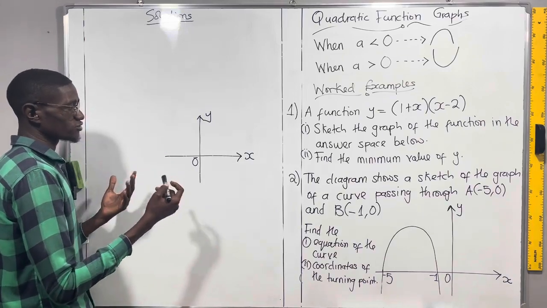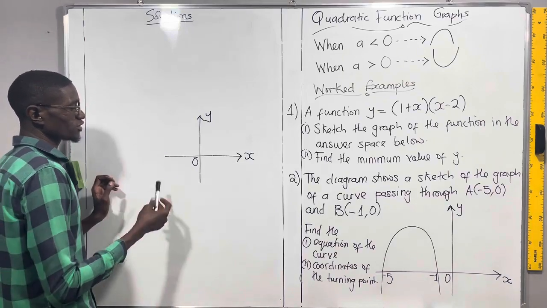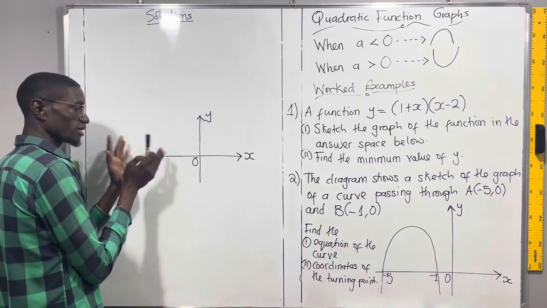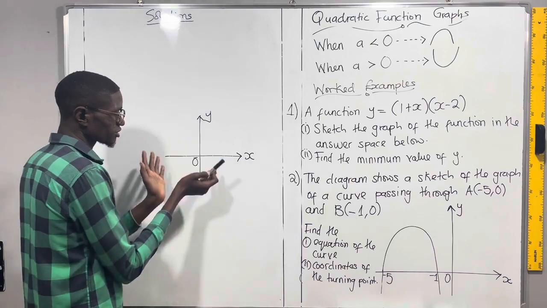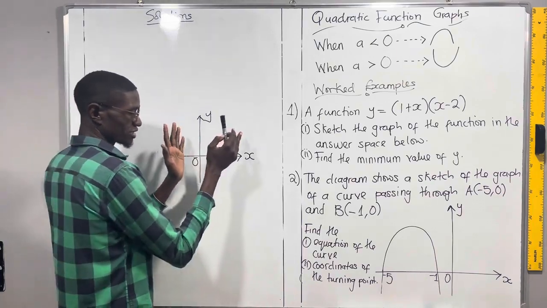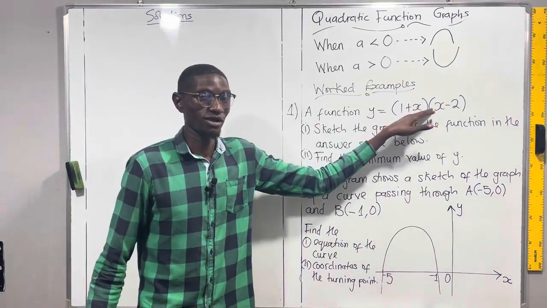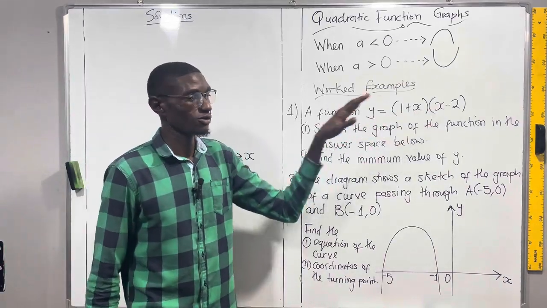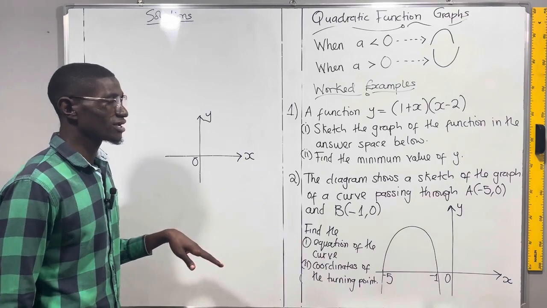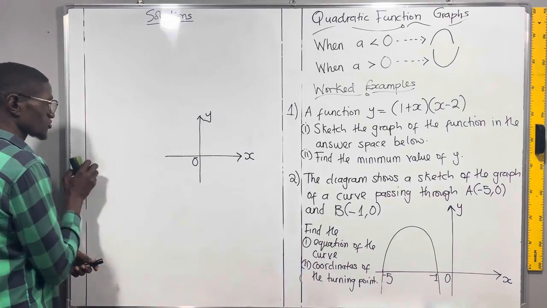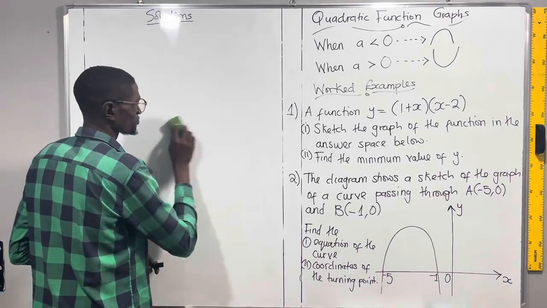All those things you need to be able to figure out. In order for us to determine where the graph is going to cut, whether it's going to be in the negative region only, or it will cut both the negative and the positive, or it will be just in the positive region, we need to solve this quadratic equation. We find the x coordinates, because the x coordinates are going to tell us where the graph is going to cut through the x-axis. So that is what we're going to do right now.